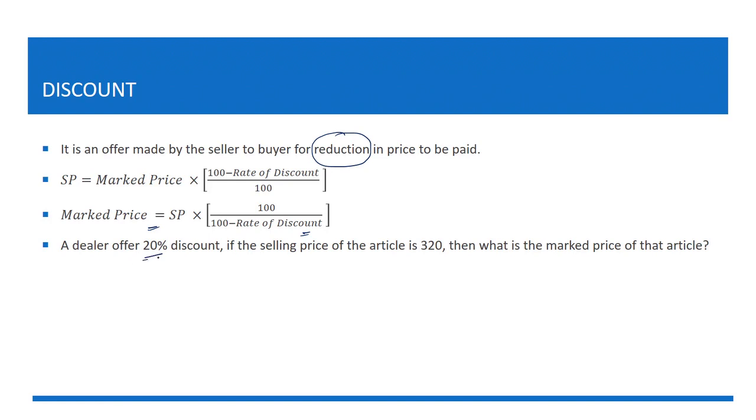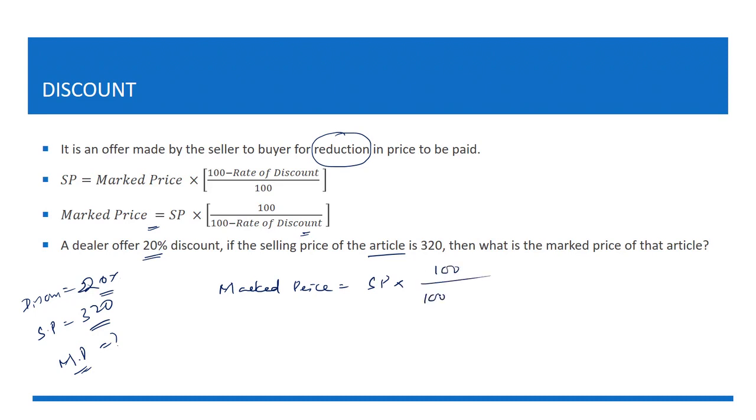A dealer offers 20% discount. The discount he is offering is 20%, and the selling price of an article is 320. Then what is the mark price? We are supposed to find the mark price here. So we know that mark price is equal to selling price into 100, divided by (100 minus rate of discount). Right. Selling price is how much?